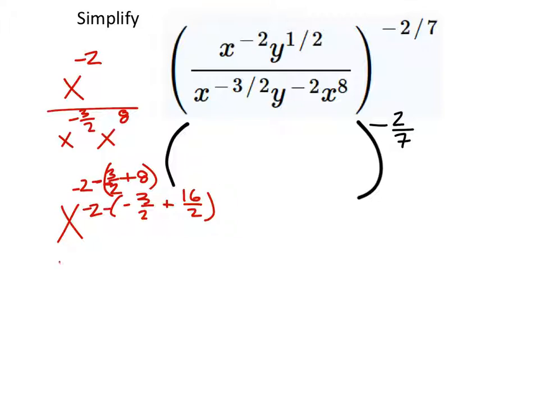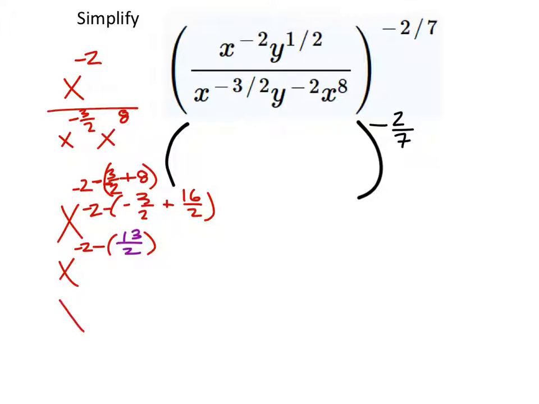And now I've got x to the power of negative 2 minus, and negative 3 plus 16 would be 13 in terms of halves. All right, so I got that negative 2 minus 13/2, and I do need common denominators there as well.